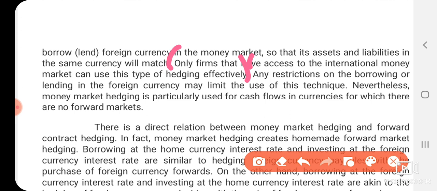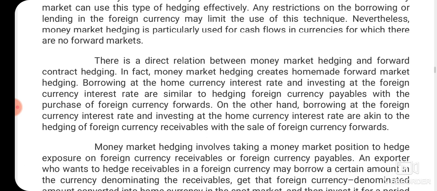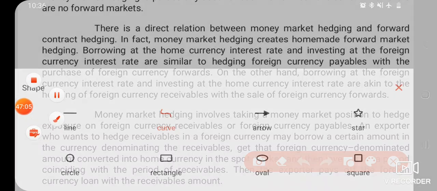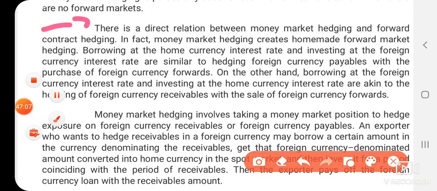Nevertheless, money market hedging is particularly used for cash flows in currencies for which there are no forward contracts. Why? Because we are dealing with money market hedging. Here he is saying that there is a direct relation between money market hedging and forward contract hedging.